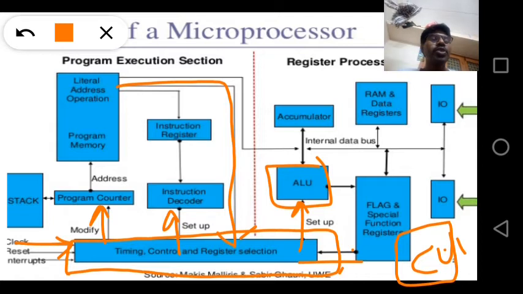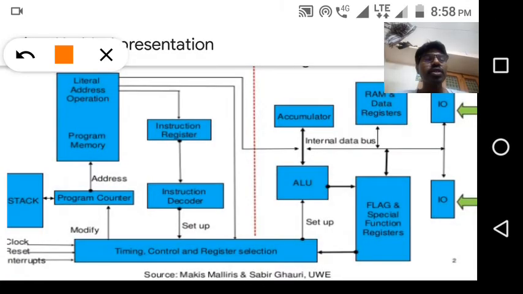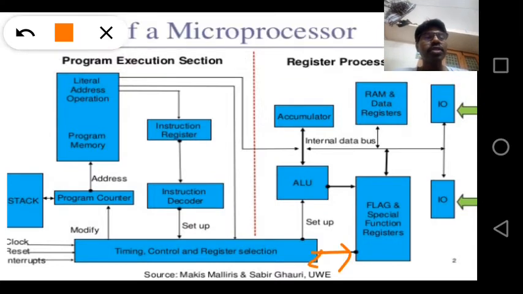The control unit is the one which sends timing signal, control signal, and register selection. It also performs register selection: which register has to be selected for which phase. Let's take an example. Here, this timing control unit is sending a signal to a unit called flag and special function registers.